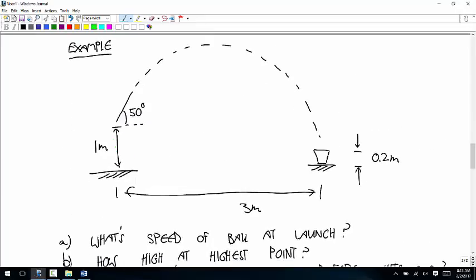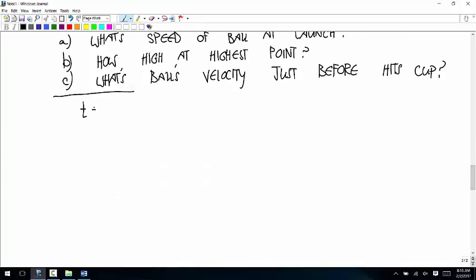I pretty much always choose the coordinate system to be on the ground or the lowest thing that comes up in the problem beneath where the object is when time is equal to 0. We're going to make time equals 0 be when it's launched. So I'm going to put the coordinate system here. And also in free fall problems, I always put the y-axis up. So our time equals 0 is when it's launched.